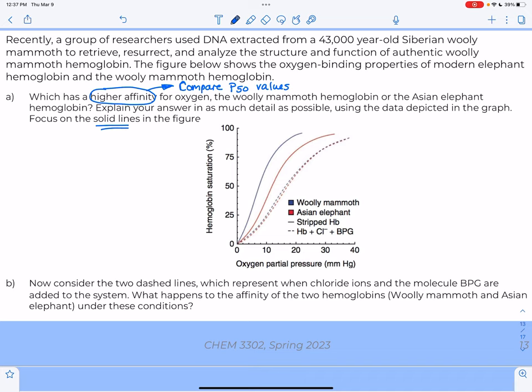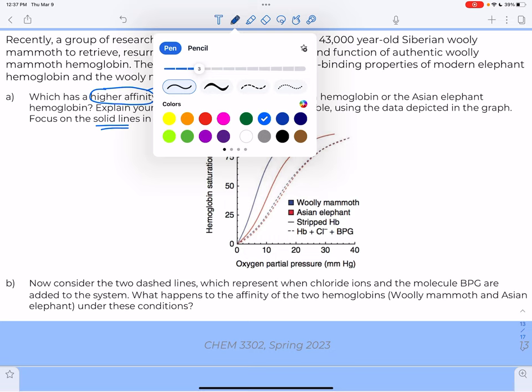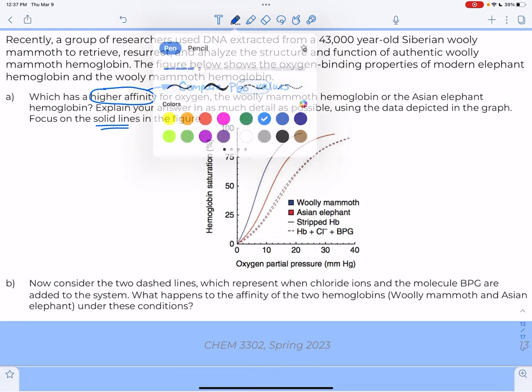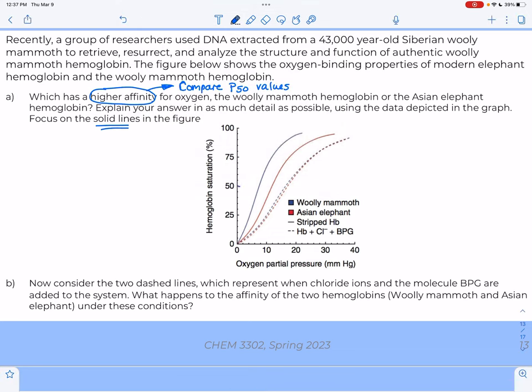If we compare the P50 values, I'm going to change this to a dashed line. We're going to figure out what those P50 values are by looking at what oxygen pressure gives us 50% binding.